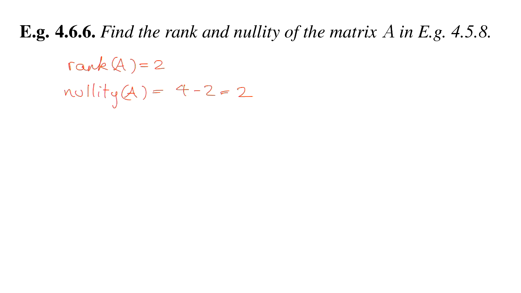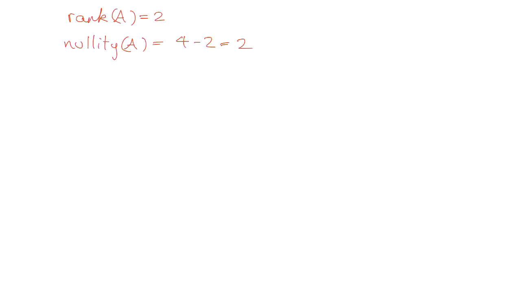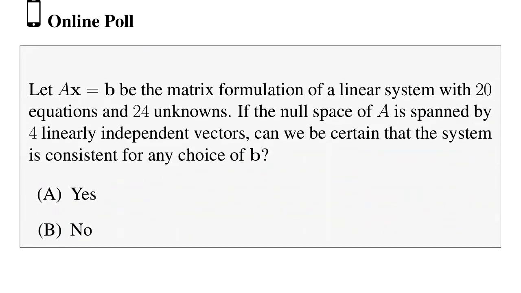Okay, so let's do a poll. Let's consider some linear system, AX equals B, and say that we've got 20 equations and 24 unknowns. And let's say that when you solve the homogeneous equation for this thing, you find that your null space is spanned by 4 independent vectors. So can we be certain that the system is consistent for any choice of B?